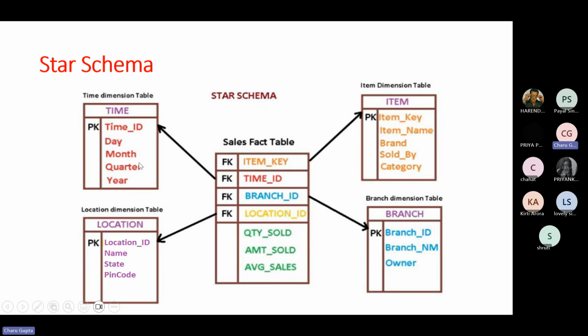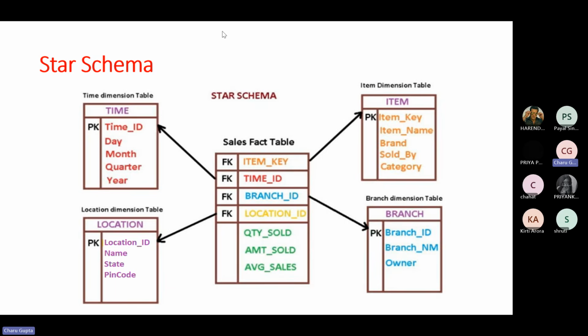So this is a star schema, in the center of which is the fact table, and each fact table is associated with dimension tables. You can have a look at this.